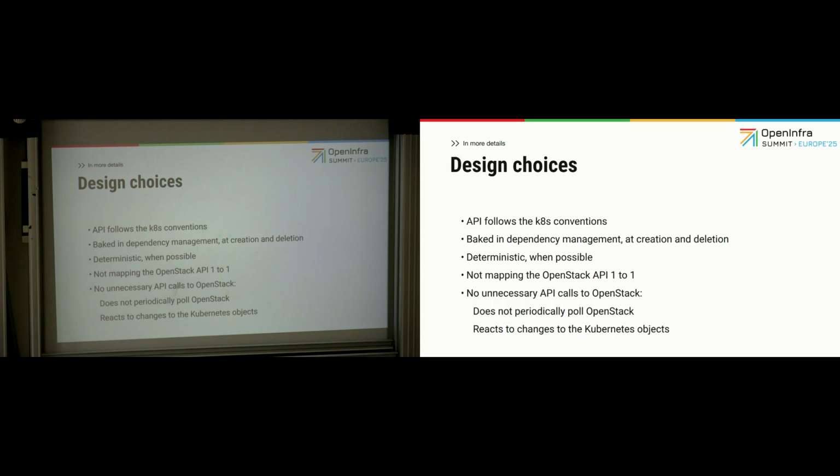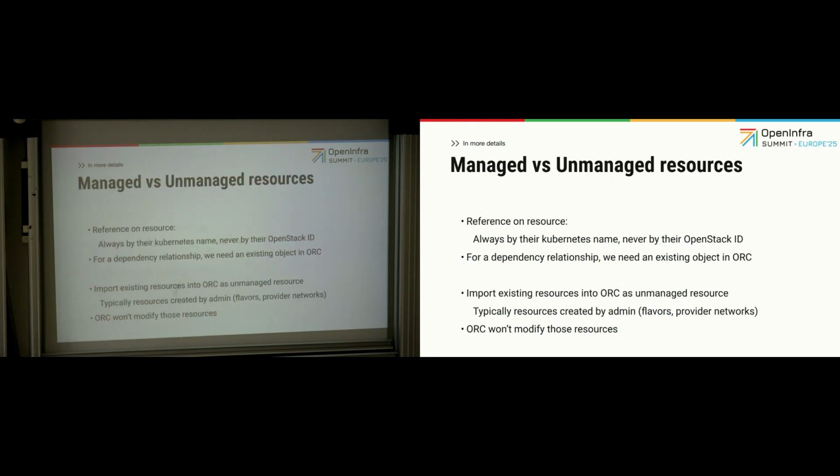This might change in the future. Again, we'll talk about that. But right now, this is the decision we've made. So if you want your resource to change in OpenStack, you'll need to modify your Kubernetes objects. What that means is that if you make a change to the OpenStack resource externally, ORC will not notice this change.